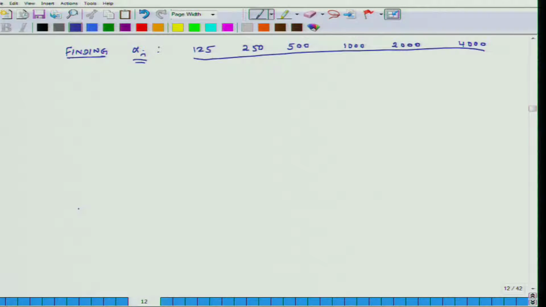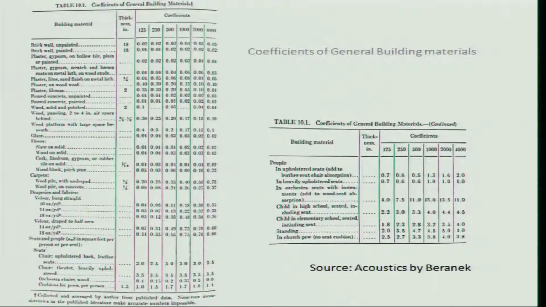So I will show you one example. Okay, so these are the absorption coefficients for general building materials, and I have taken this information from the text Acoustics by Beranek, and what you have is a table. Part of the table is also reproduced here. Suppose you have an unpainted brick wall and it is 18 inch, 1.5 feet thick, then its absorption coefficient people have determined: at 125 hertz it's 0.02, 250 it's 0.02, 500 it's 0.03, and so on and so forth.